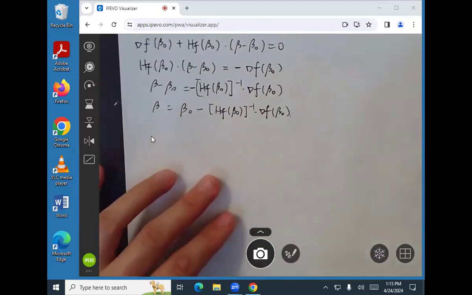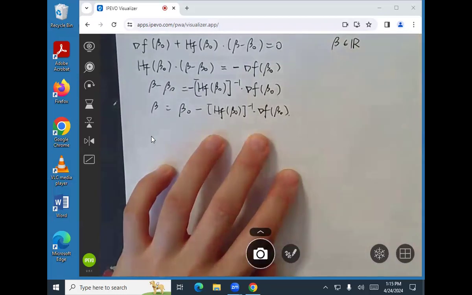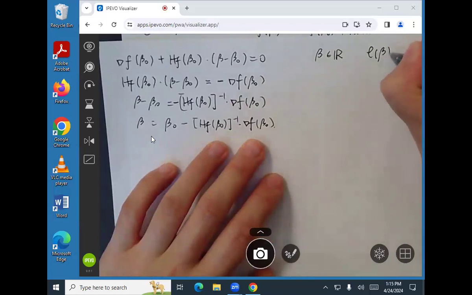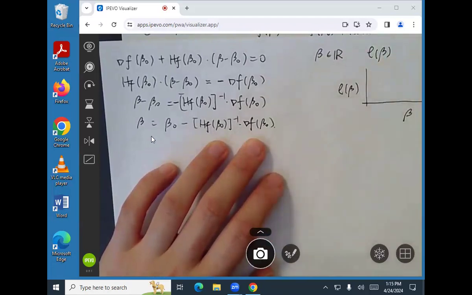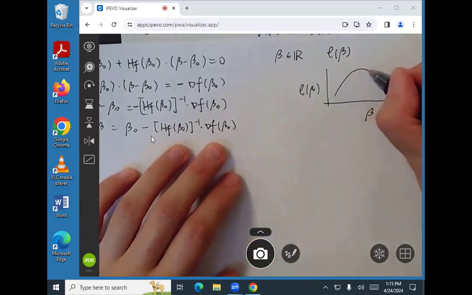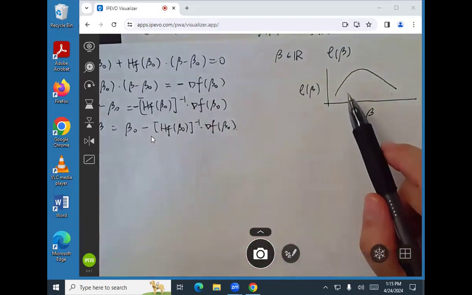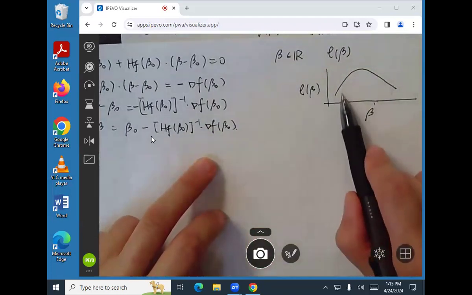So if it's just one parameter, if beta is in R, then the likelihood function can be drawn maybe in this way, one-dimensional. If the likelihood function takes a shape like this, given your data, y1 to yn from your data, you vary the beta value and evaluate the likelihood.